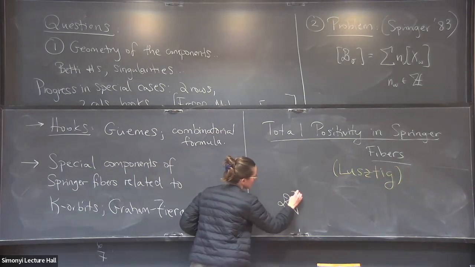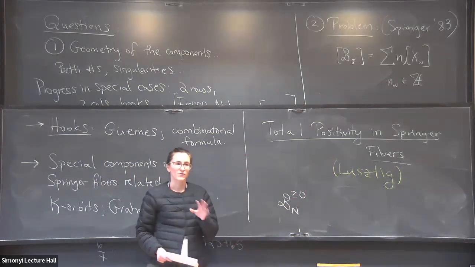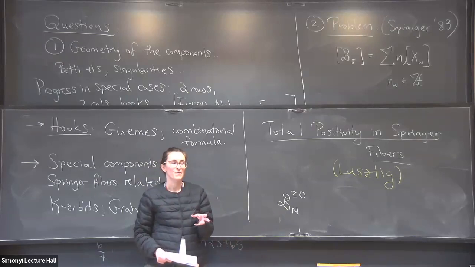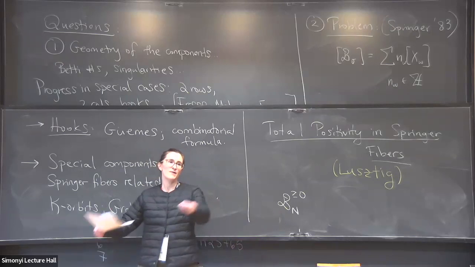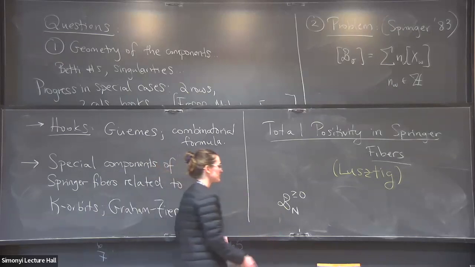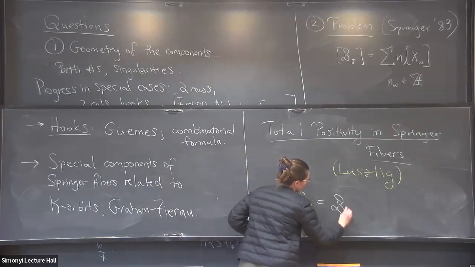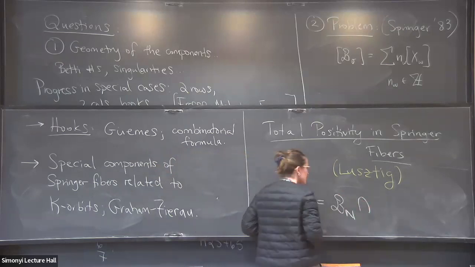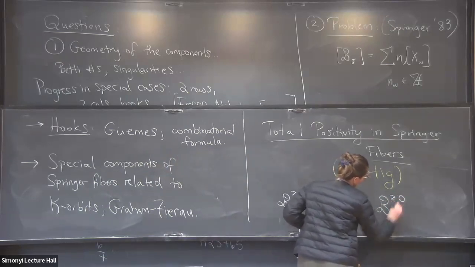So if I want to define a totally positive Springer fiber, what am I going to do? Well, I am going to take my totally positive flag variety. I'm going to intersect it with a Springer fiber, and that's what I will call my totally positive Springer fiber. So this definition is I take my Springer fiber and I intersect it with this.